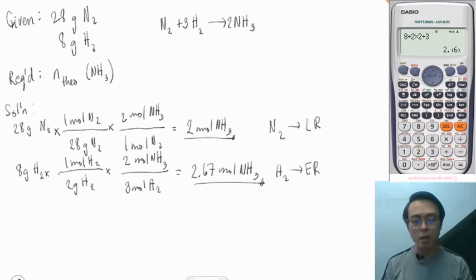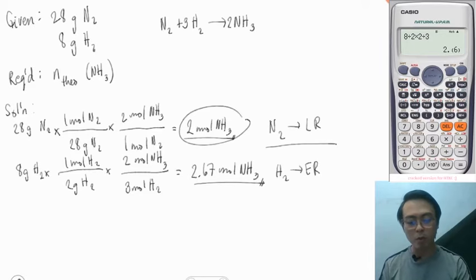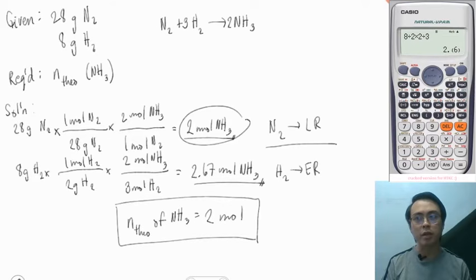The question is, what is the theoretical amount of ammonia that can be produced? So as I've said, you take a look at which is the limiting reactant, and then you take a look at how much product was produced. Therefore, the number of moles or the theoretical number of moles of ammonia is 2 moles. It's the minimum amount resulting from our calculations.